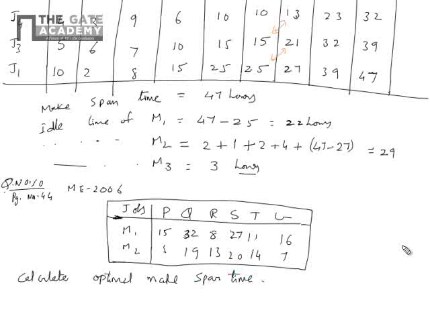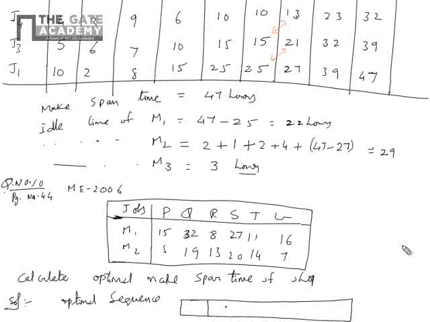Here, first we need to calculate the optimal sequence. To get the optimal sequence as per our procedure, how many jobs? 5 jobs.